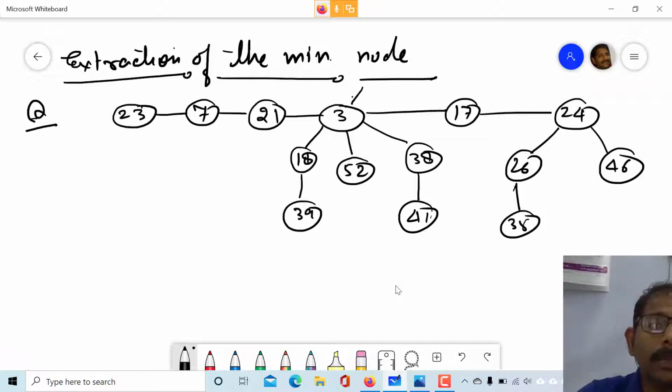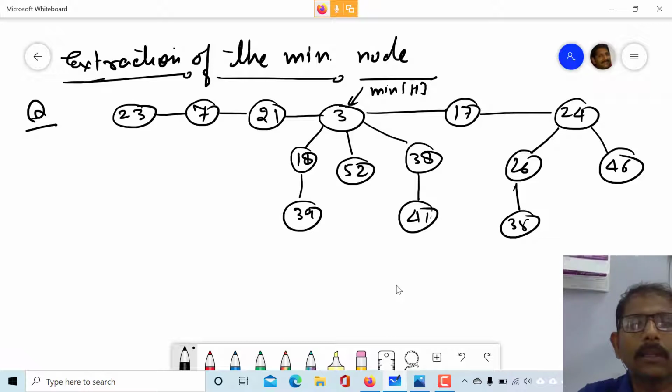Here the minimum value is min h, which is 3. So you will extract the minimum node, therefore extract 3.